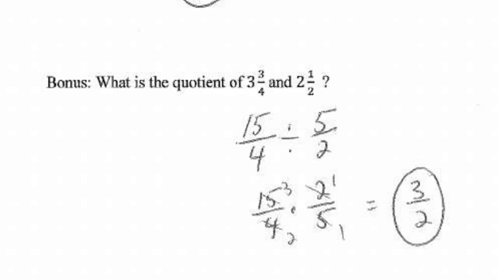When you're dividing, it's easier to convert to improper fractions, and again, the rule for division is to multiply by the reciprocal. And you can cancel out when you're multiplying. You do not need a common denominator, and once you cancel out everything, you just multiply what's in the numerator over the product of the denominators. And in this case, the answer is 3/2.